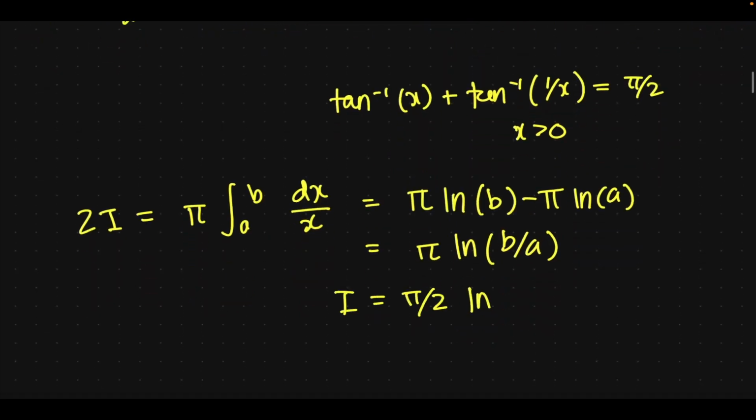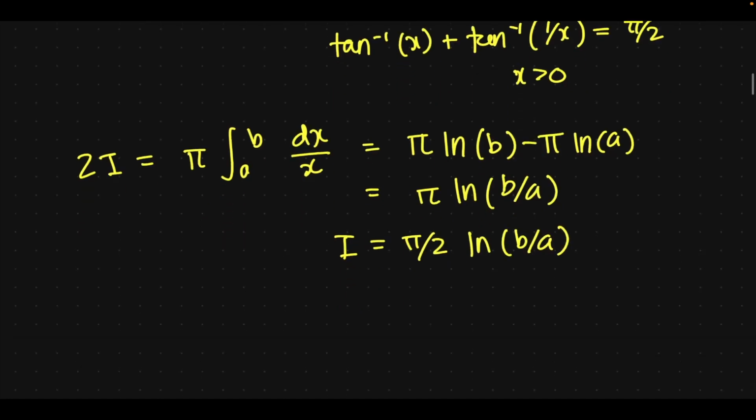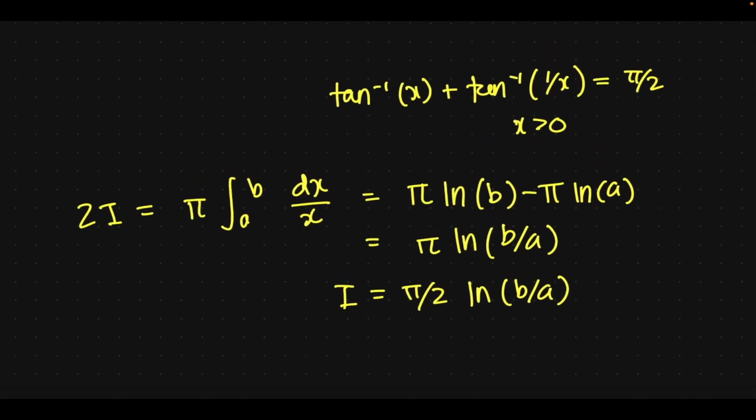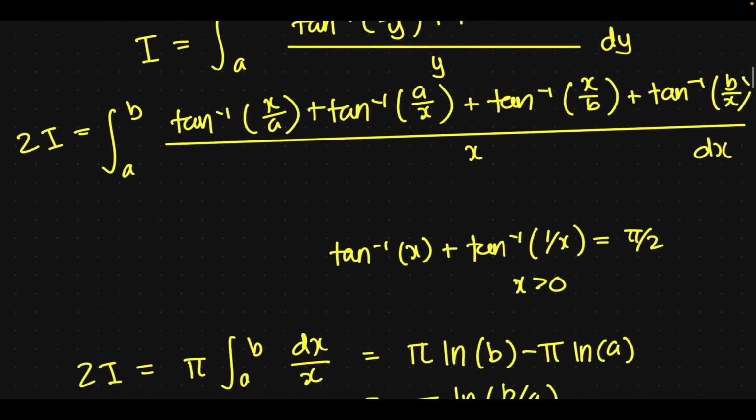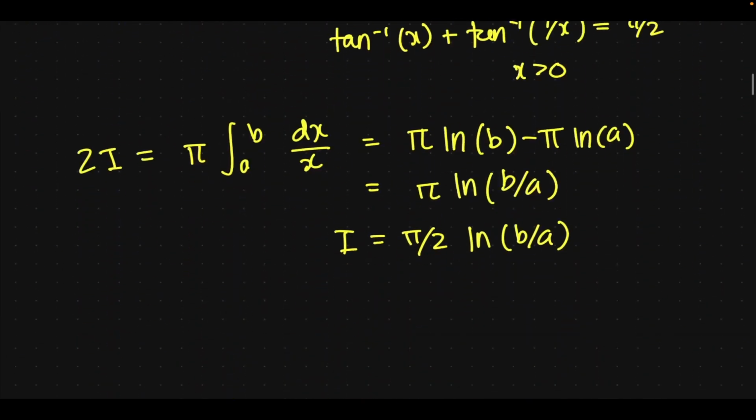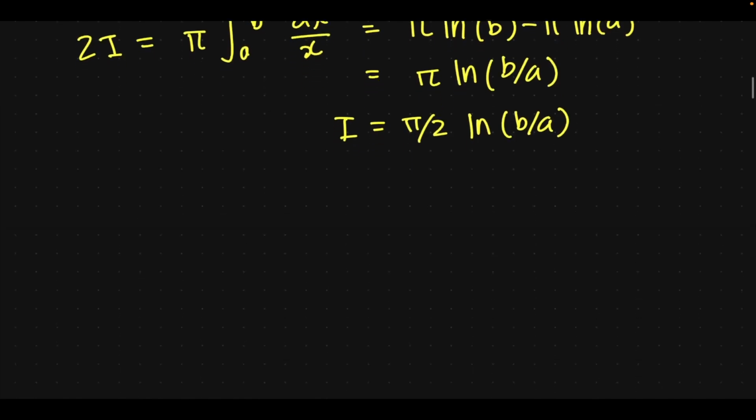Pi over 2 ln b over a. That's the answer. You might use some sort of Frullani's theorem for this, but this is one way of doing it nicely.